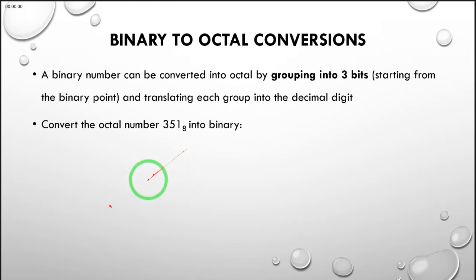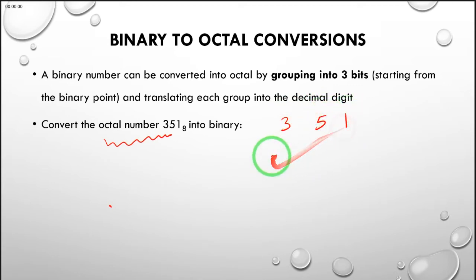But we have another example that shows us how we can convert an octal number into binary, and we do now the vice versa of what we have done. We take 3, 5, and 1. We represent each of these octal digits using their binary equivalent, and we know we can represent 3 as 0, 1, 1, and 5 as 1, 0, 1, and 1 as 0, 0, 1.